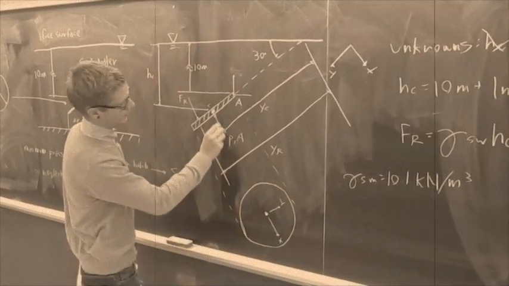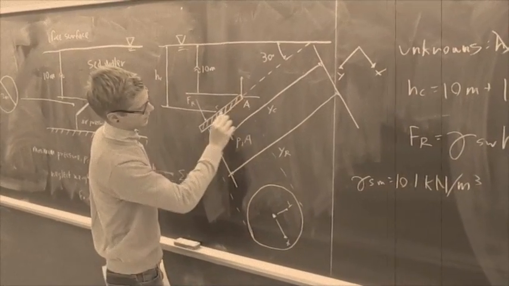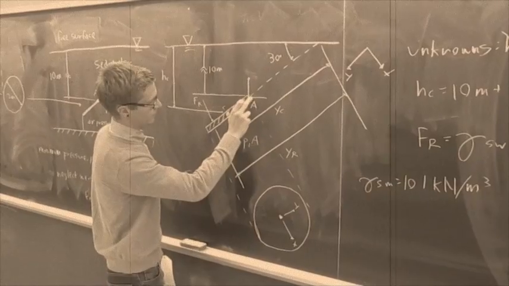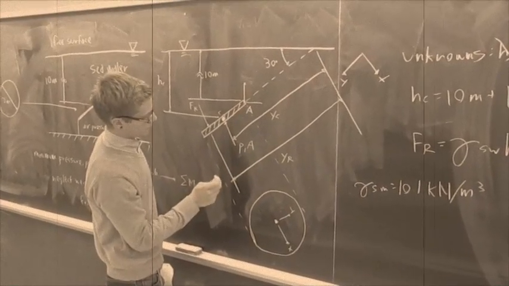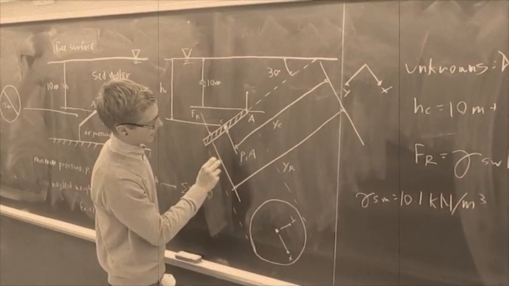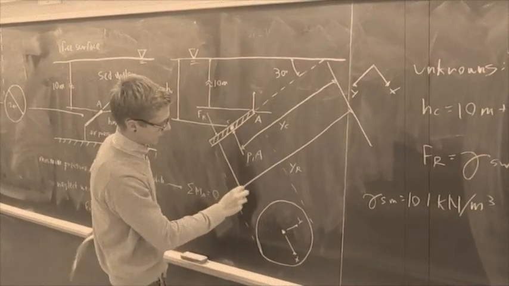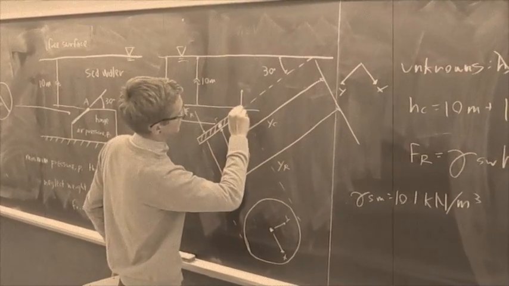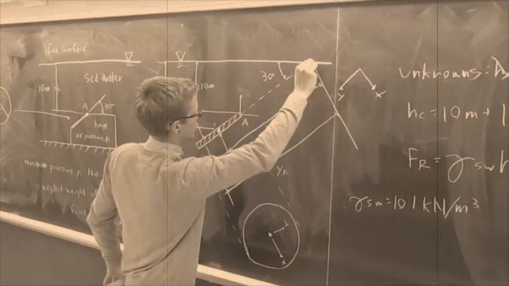So you need two distances. You know P1A acts at a distance which is equal to the radius from point A. Then you have Fr, which will act at a distance of Yr minus the distance from the hinge to the surface of the water.